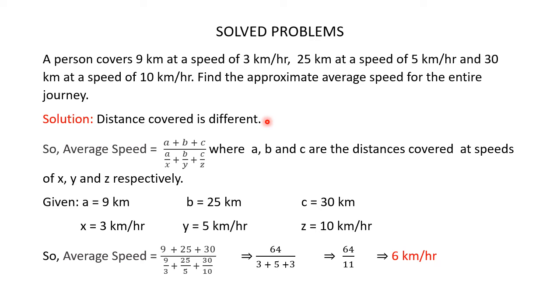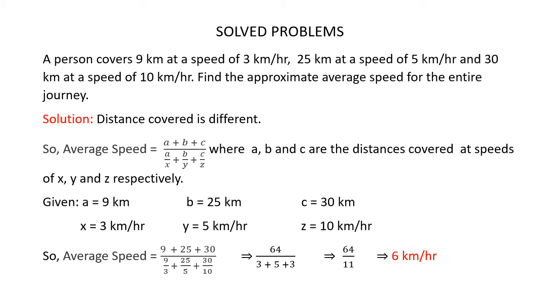So when the distance covered is different, you can find the average speed using the formula: average speed is equal to a plus b plus c divided by a by x plus b by y plus c by z, where a, b and c are the distances covered at speeds of x, y and z respectively.